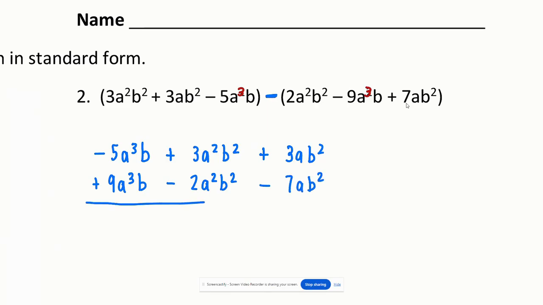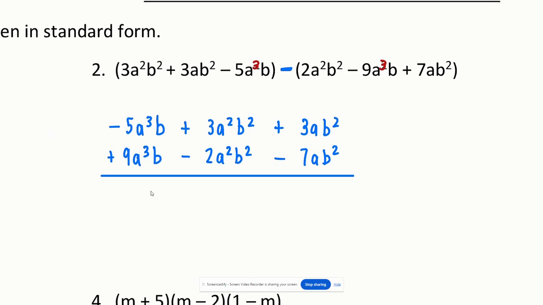So please remember, you guys, when you are subtracting, all the signs that follow that minus sign have to change. We still stack them the same way. That way, when we're done stacking them, we can simply combine like terms. What is negative 5 plus 9, or 9 minus 5? So this is 4a cubed b.